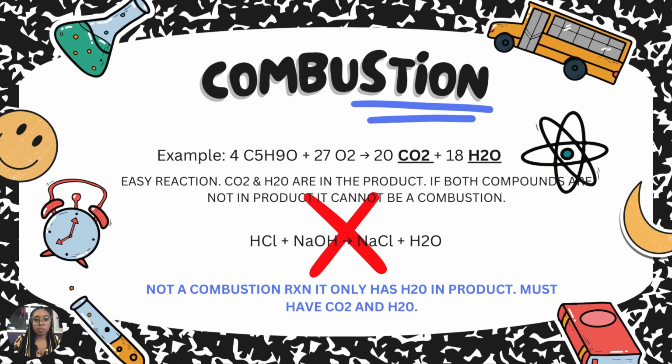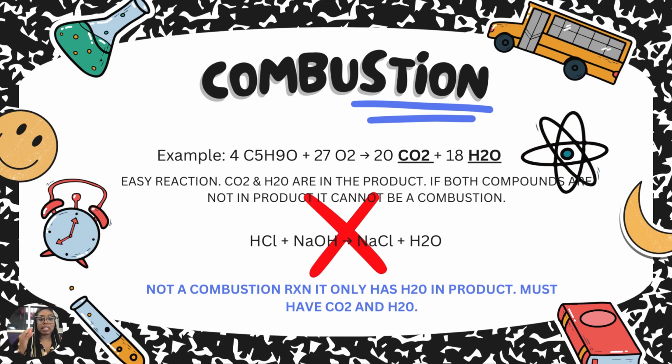So CO2 and H2O has to be in the product in order for it to be considered a combustion reaction. So I have an example here. Right here we have HCl plus NaOH, and in the product, we have H2O. A common mistake that is made is that most people will see that H2O is in the product and they will assume that it's a combustion reaction.